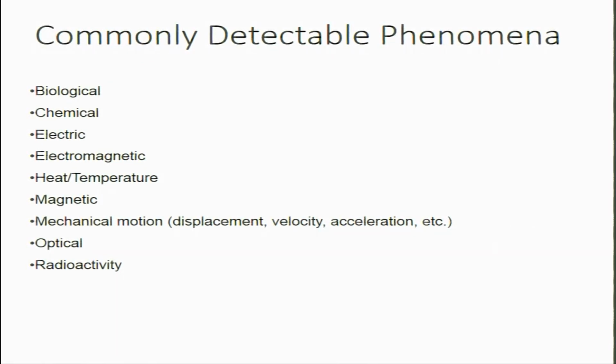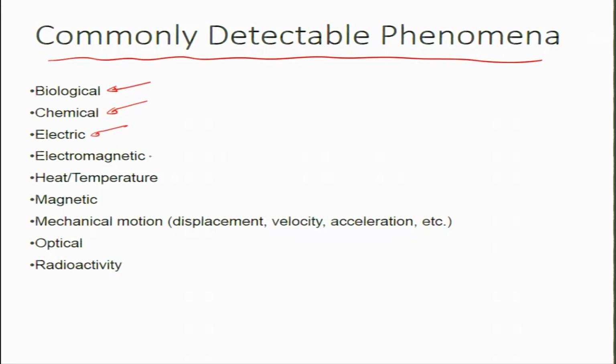Again, if you look at sensing, what are the typical detectable phenomena where sensing is needed? There are biological phenomena, chemical, electrical, electromagnetic phenomena, heating, temperature related phenomena, magnetic phenomena. Then there are mechanical motion, for example displacement, velocity, acceleration, etc. There is optical phenomena or radioactivity.